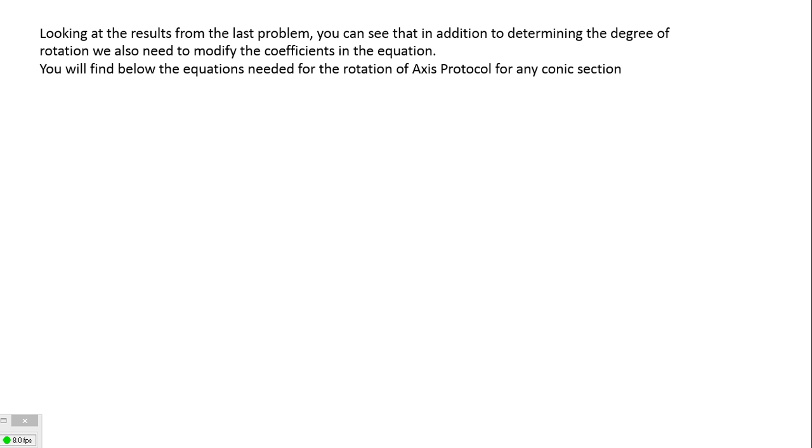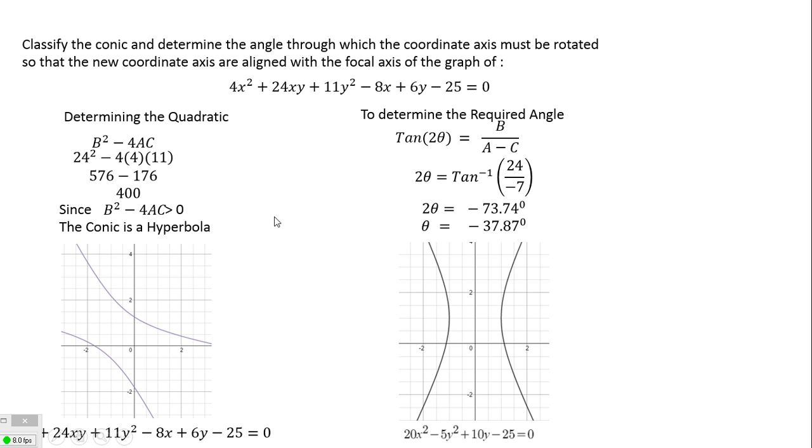So as you saw in the previous exercise here, finding the type of conic and determining the angle of rotation is but one thing. That does not tell you how to get from this form of the equation to this form of the equation.